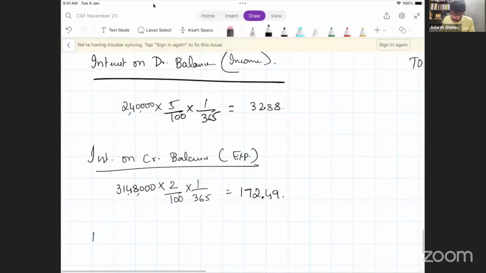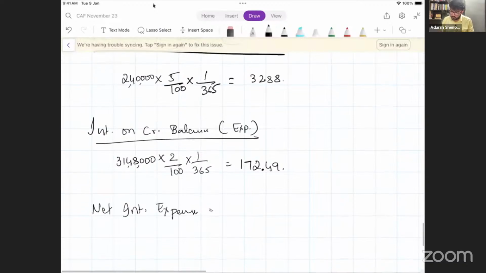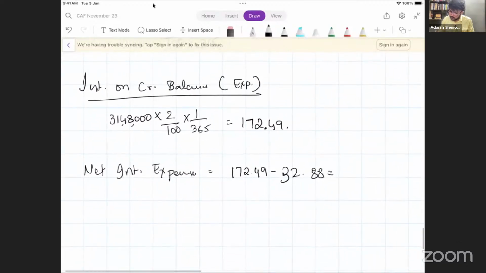So net expense. 172.49 minus 32.88, you get 139.61. This can be rounded off to whole number 140.